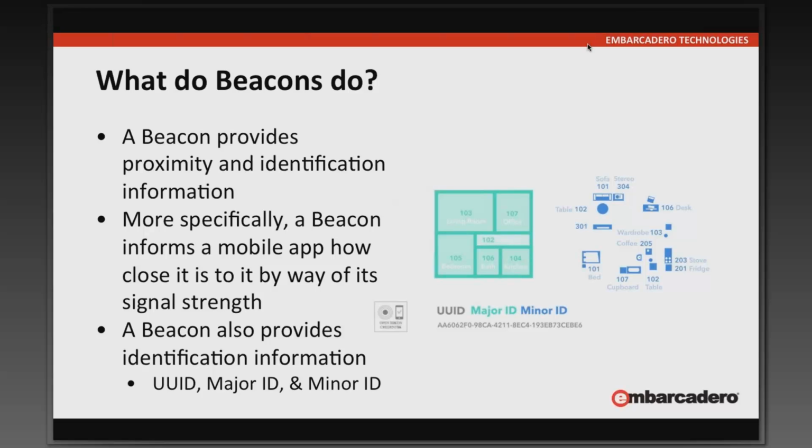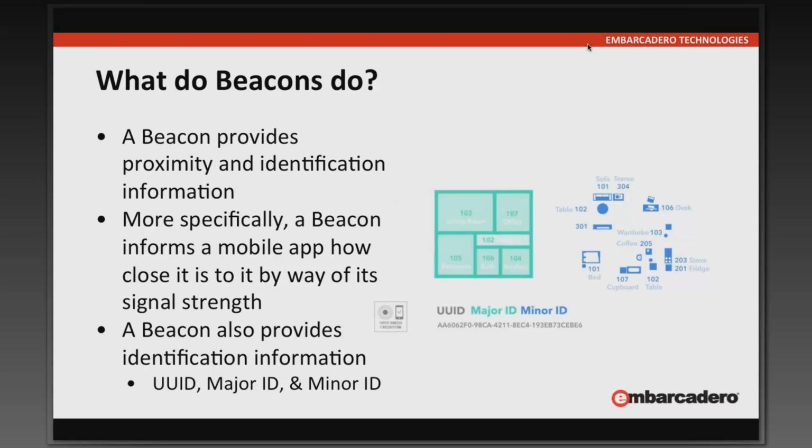For example, in this image over here on the right, you see a layout of several beacons. The major ID is used to assign a particular room within a house. For example, 103 is assigned to the living room. Within the living room, there are other beacons that have a minor ID that say specifically what it is next to.